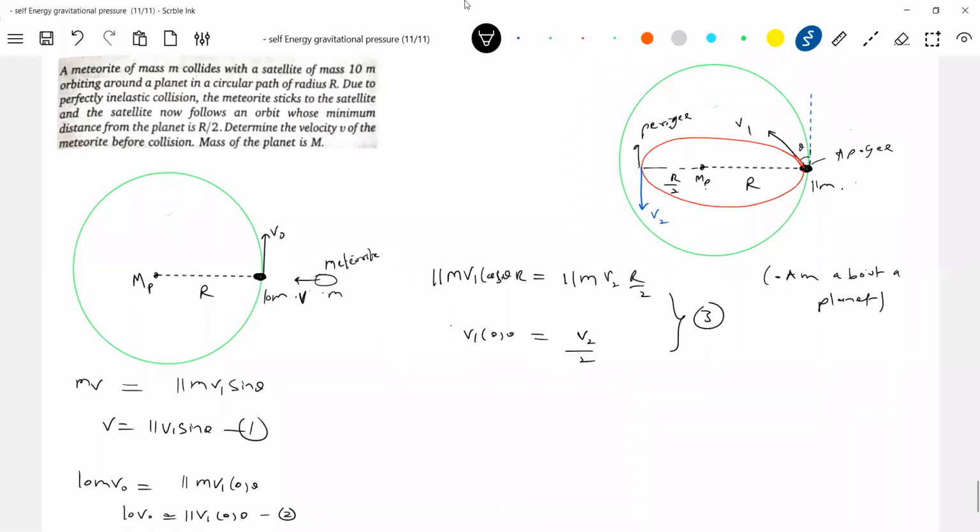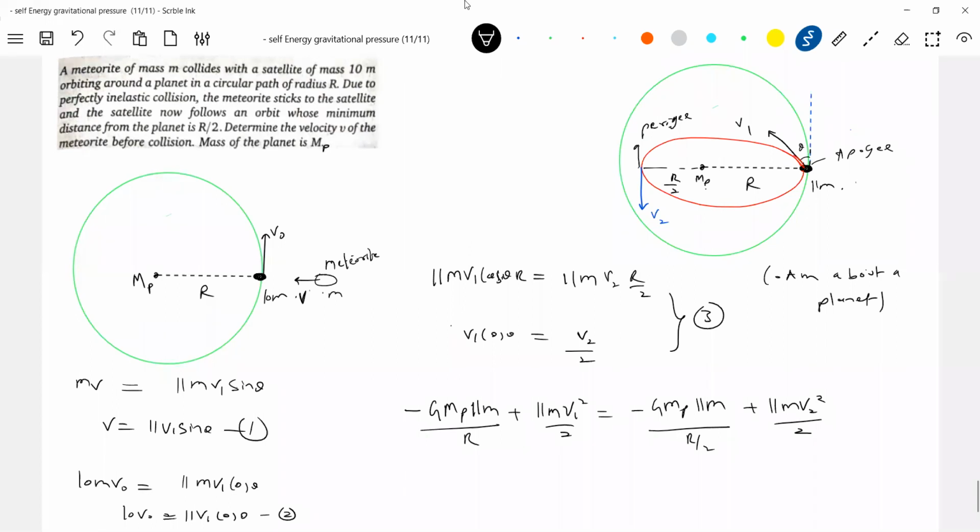Any other equations? Conservation of mechanical energy. The mechanical energy is minus G mass of planet times 11m over r, plus 11m v1 square by 2, equal to minus G Mp 11m over r by 2, plus 11m v2 square by 2. The mass of the planet is Mp, we assumed it.